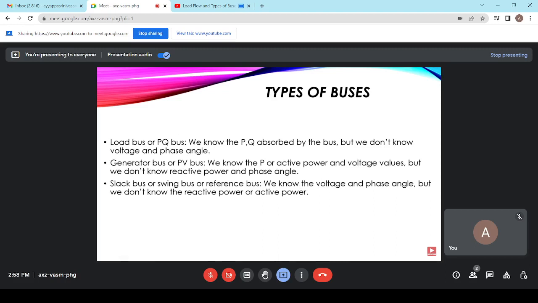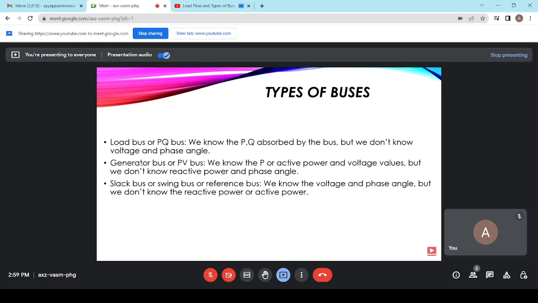So from these three descriptions, we see that we have three different buses. In each of these buses, we know two quantities: in the load bus, P and Q; in the generator bus, P and V; in the reference bus, voltage and phase angle. However, the other two quantities are unknown. In the load bus, we don't know the voltage and phase angle.